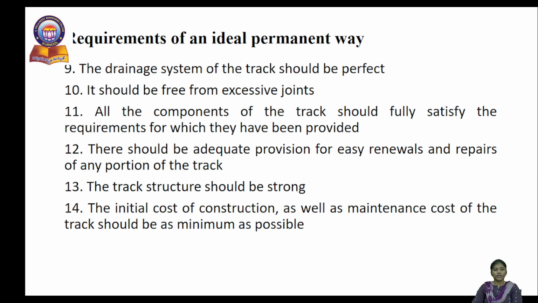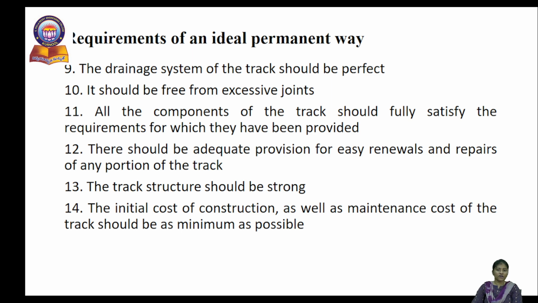The side drains and drainage system of the track must be uniform. In order to maintain a good drainage system in a railway track, you need to provide good ballast material. The track must be free from excessive joints. If you take any structure, joints are the weakest points in that structure, so avoid excessive joints and use as few joints as possible.